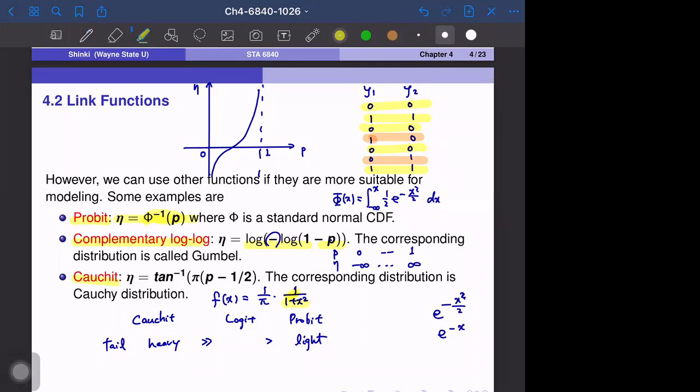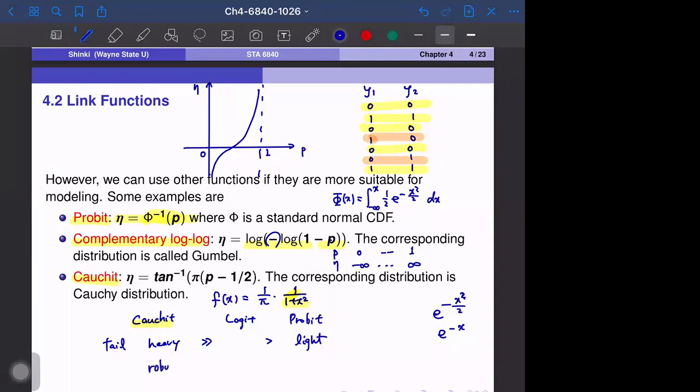And why do we have these functions? Okay, so at first, different data have different shapes. So if you use, for example, the bin scatter plot, sometimes logit or maybe probit or Cauchy fits better. But generally speaking, the heavier the tail, the more robust against outliers. So Cauchy is more robust.